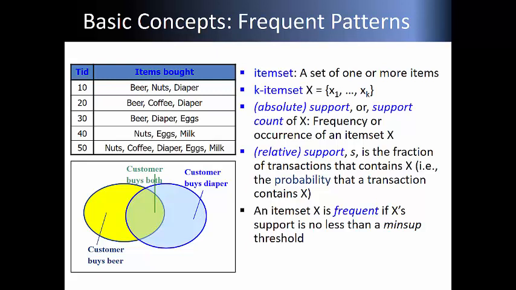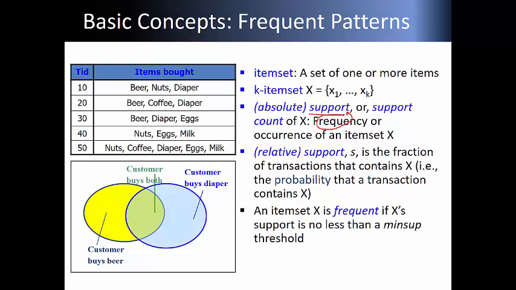So the basic idea here is that you need to think of support. How frequently does that occur? That is the support. The maximum value of support is 1, minimum 0. Or if you want to describe it in percentage, then 0% to 100%, right?